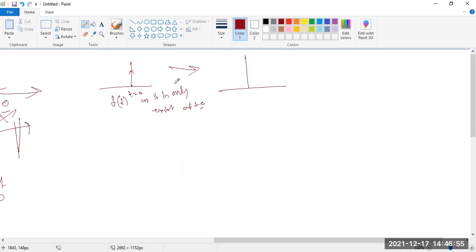If I put this pulse in, the output will gradually tend to 0, and after that it will be 0. If the input is 1, the output will not go to 0 all of a sudden; it will go gradually, because this is a continuous function.